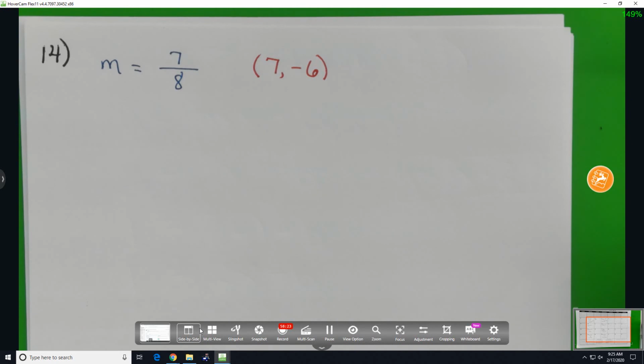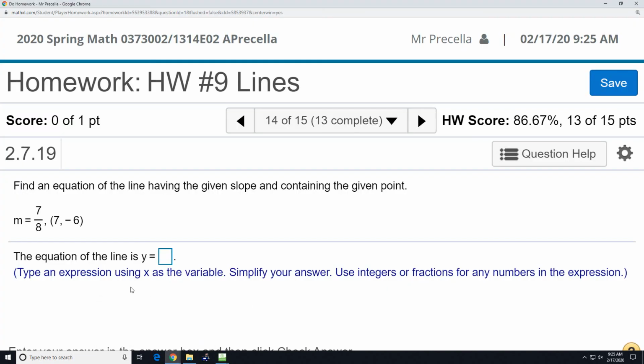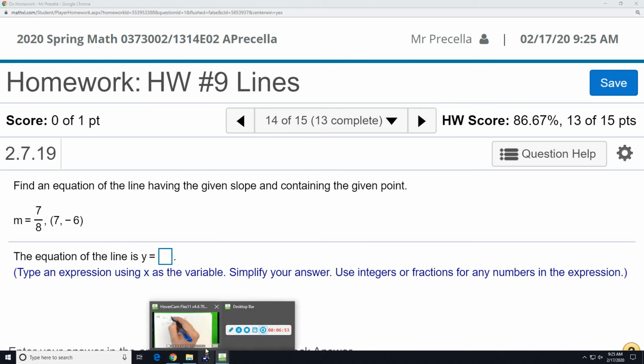Okay, so we want to write... Did it give you the y equals on this one or not? Yeah, it says y equals. So we want y equals mx plus b, and you know the m, 7 over 8.